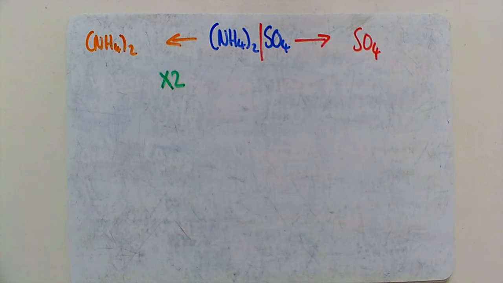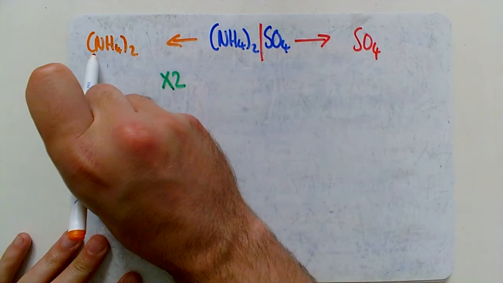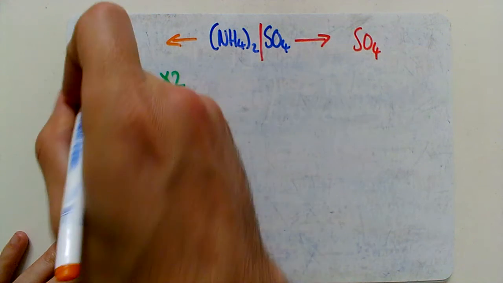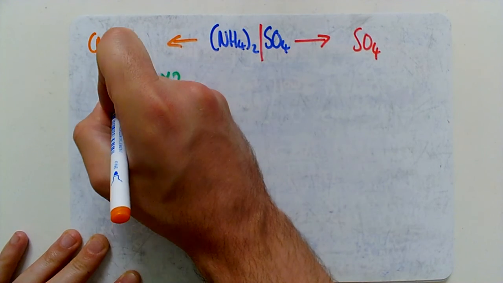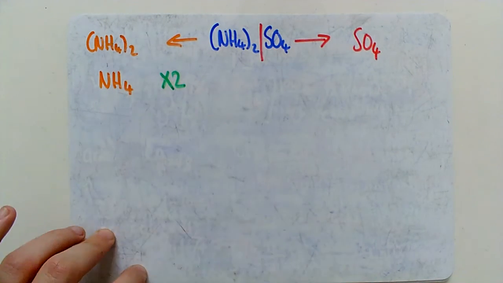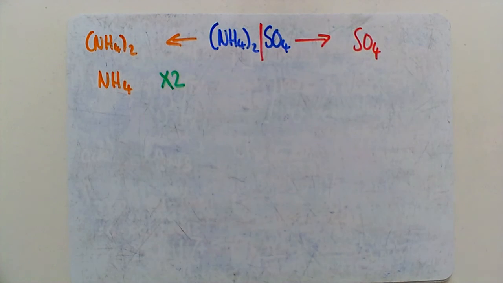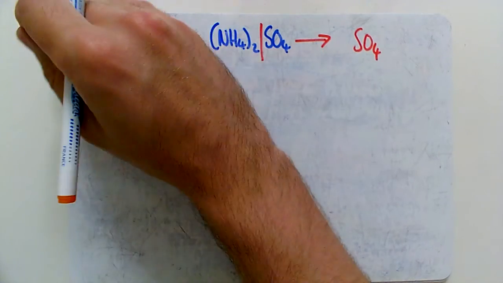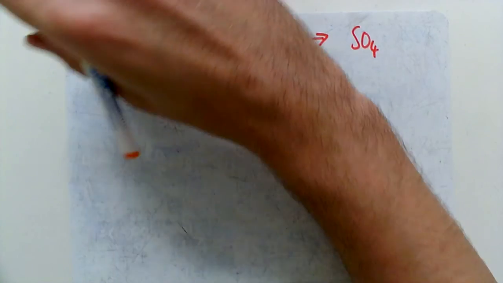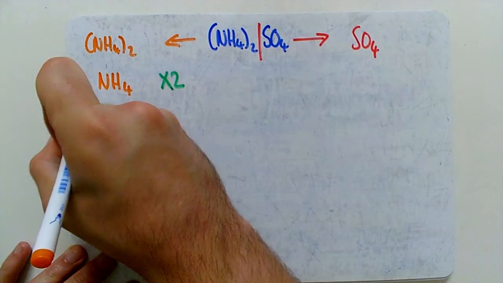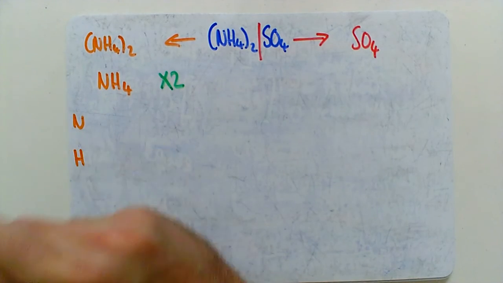For now, we're going to leave that times 2 there, and we're just going to think about what's inside the bracket. So that's an NH4. Now we've got something that we know how to deal with. We've just got the NH4. We know it contains nitrogen. We know it contains hydrogen.